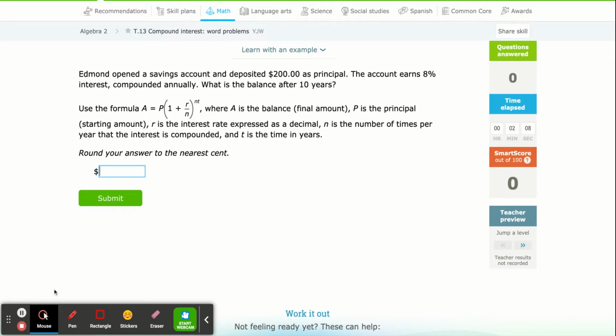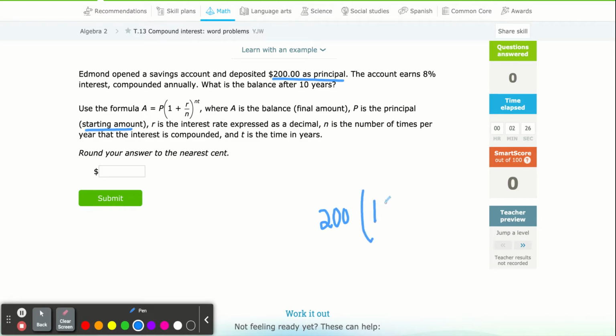So as this one, I would just write out the formula as I read the problem. It says you deposit $200 as a principal. That's your starting amount. So I'm going to go $200 or 200 times, in parentheses, 1 plus, and then you're going to earn 8% interest.